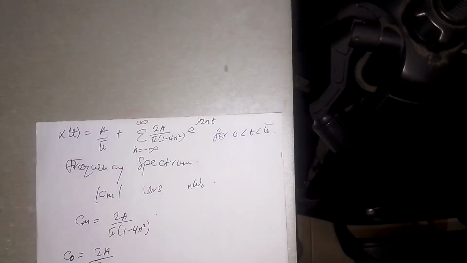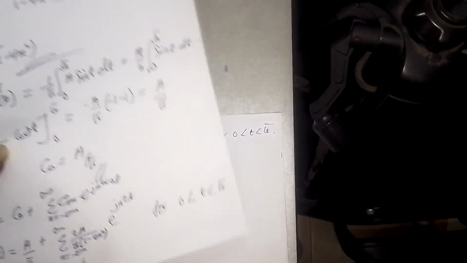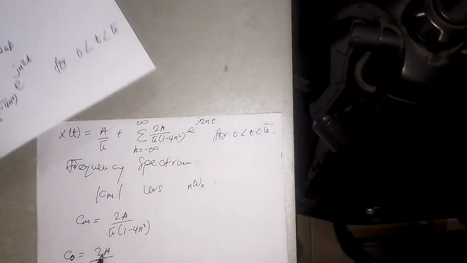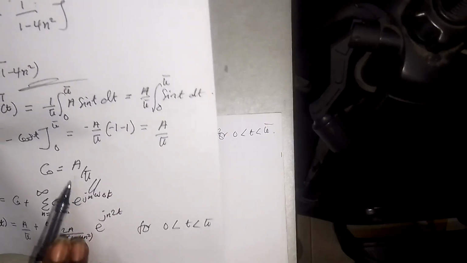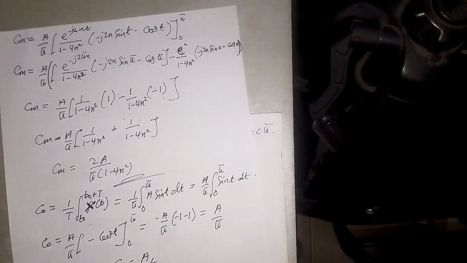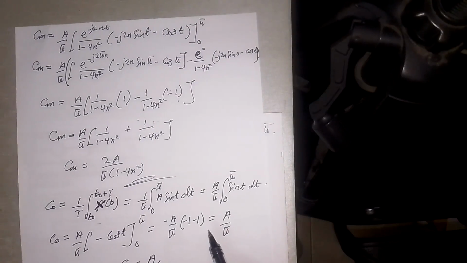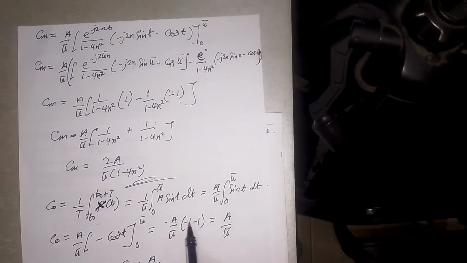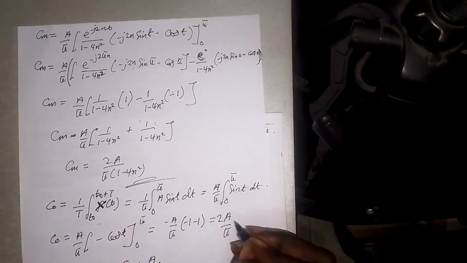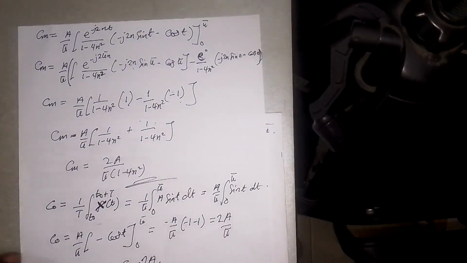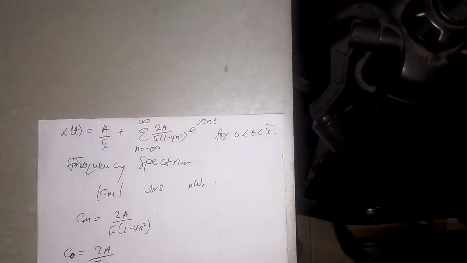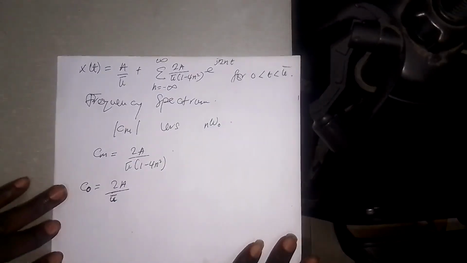Remember that the value I got for C naught was A on pi. Sorry, it's supposed to be 2A on pi, because here it is minus 1, minus 1, that's minus 2, and minus times minus becomes a positive, so here is 2. So I'll get 2A on pi. Then I will look for C1.